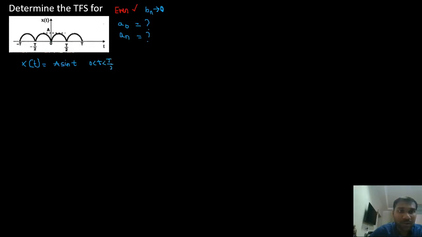This is one period, the signal that is repeating, so we are only considering from 0 to T by 2. So let us take A naught.